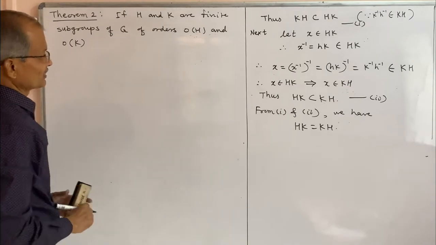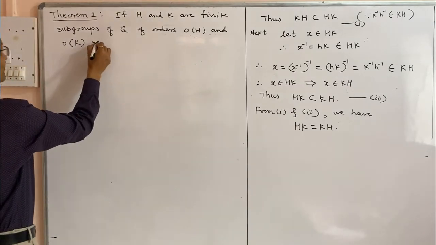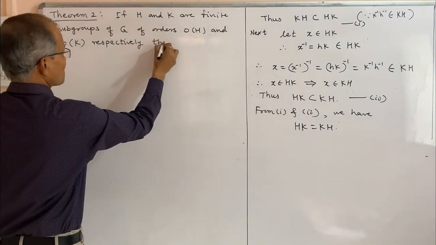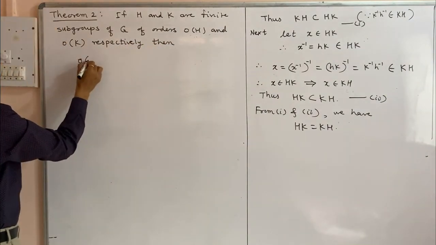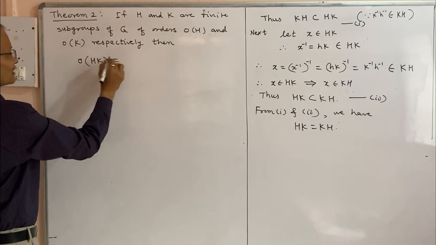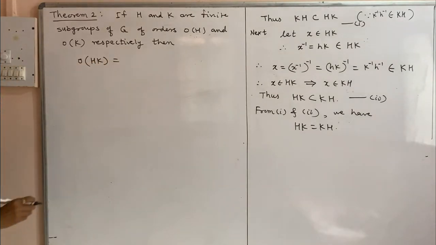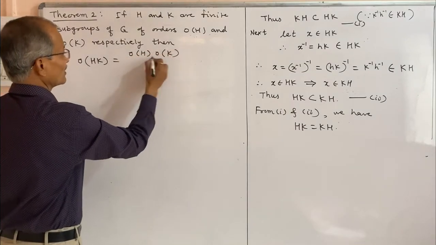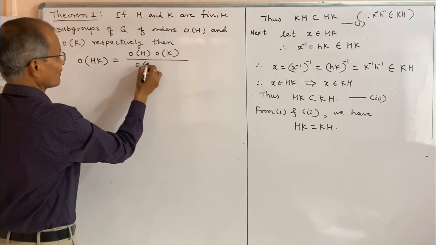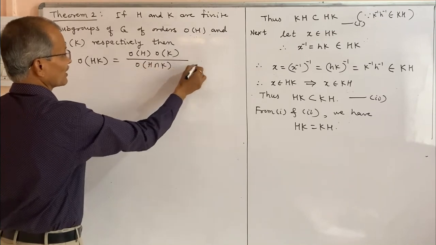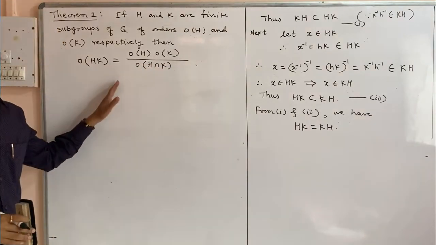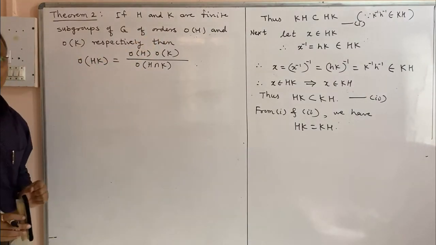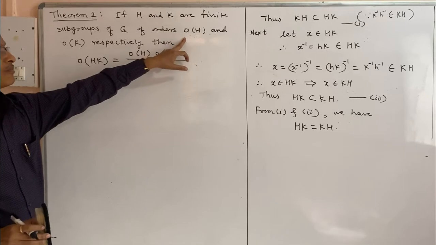Then we want to express the number of elements, the order of HK. Then the order of HK is equal to order of H times order of K divided by the order of H intersection K. So this is actually the counting principle. How to count? Order means the number of elements in the set. Order of H means the number of elements in H.